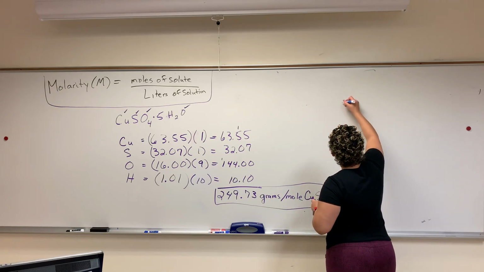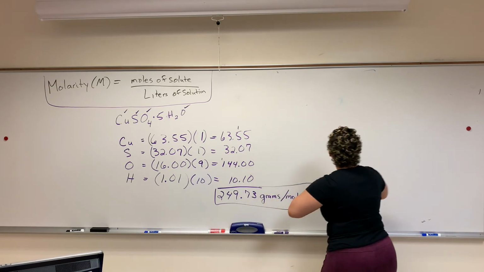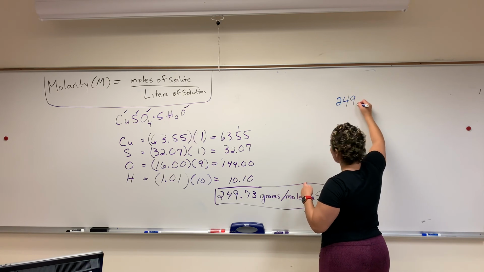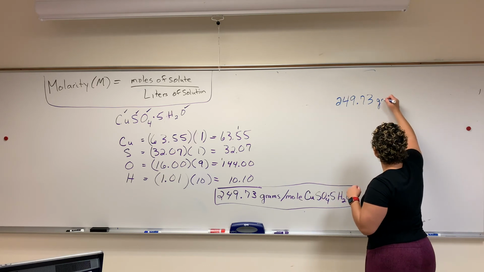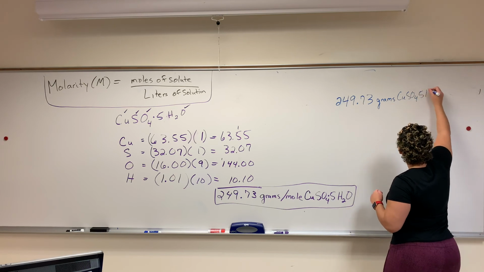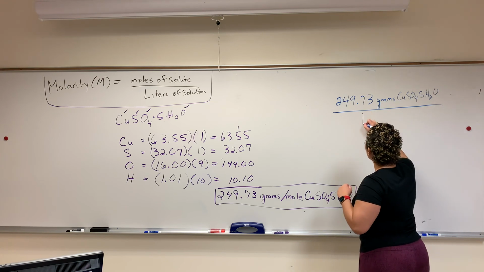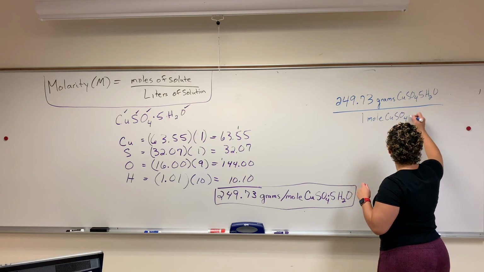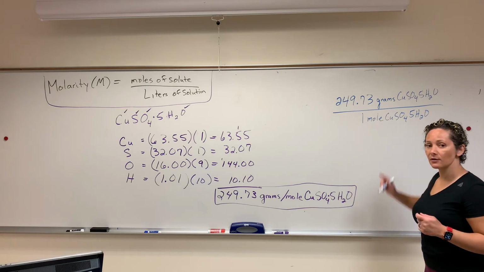Watch me. 249.73 grams of CuSO4·5H2O per 1 mole of CuSO4·5H2O. That's a conversion factor. That is what that equates to.